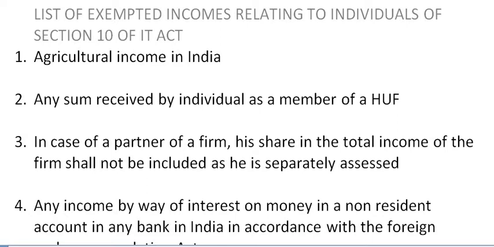wherein the first one is Indian income, second is foreign income, third is exempted income, and fourth is past untaxed foreign income. We all know what the Indian incomes are.